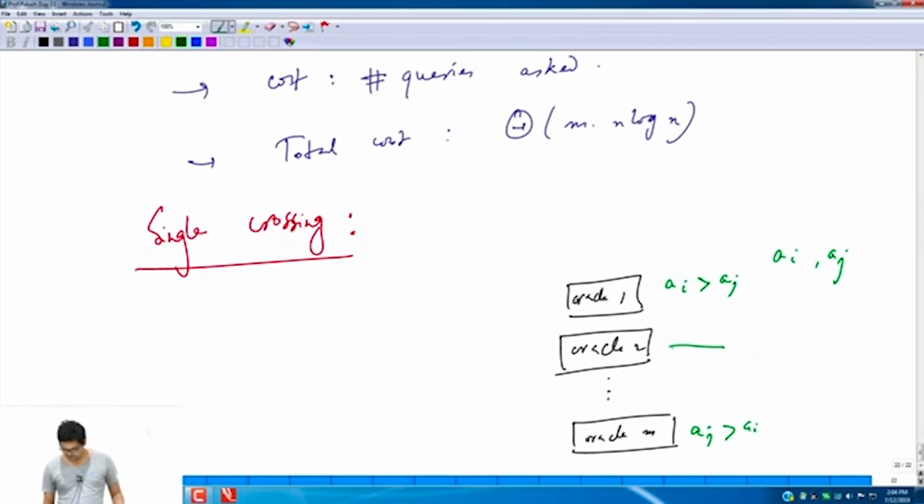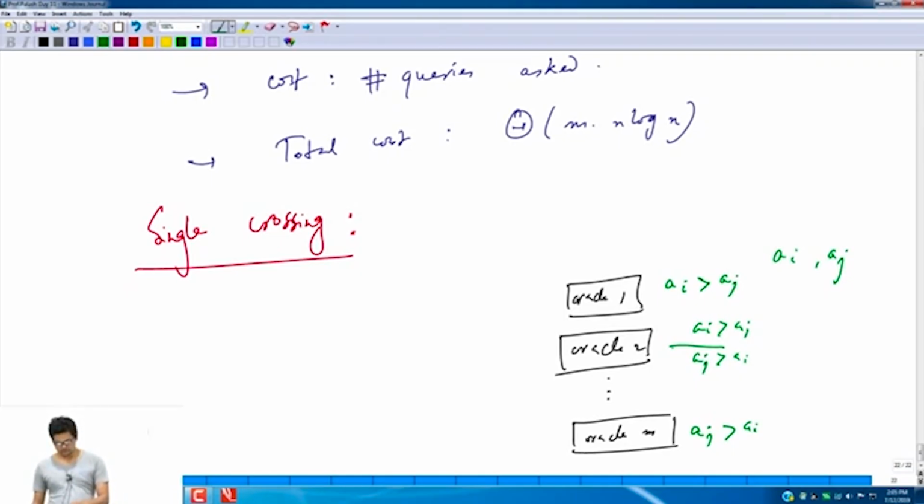Maybe till here everyone is saying AI over AJ, and from the next person on, they say AJ over AI. Of course, it can toggle many times, but this single crossing assumption says that it toggles only once. So it's an assumption on the input. Your input can't be anything arbitrary.